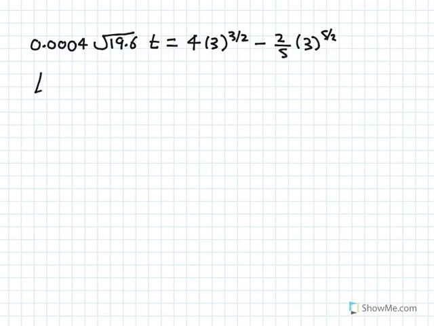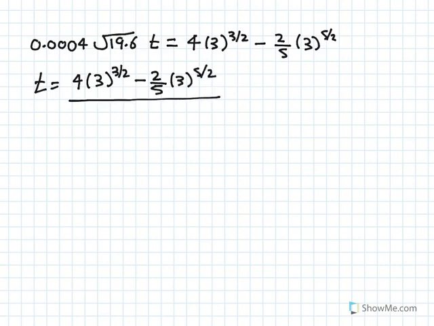And solving for t, we obtain 4 times 3 to the 3/2 minus 2 over 5 times 3 to the 5/2 divided by 0.0004 root of 19.6. This is a calculator-ready answer.